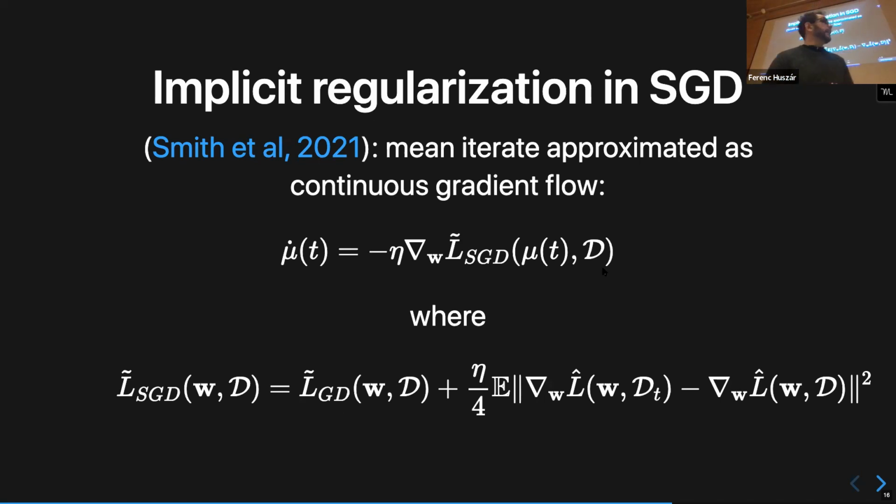This looks a lot like what is called gradient flow, which is a very simple differential equation where some parameter moves in the direction opposite to the gradient of some scalar function. So this mu_t moves in the opposite direction of the gradient of some scalar function, L tilde of SGD. I'm going to talk about what it is.